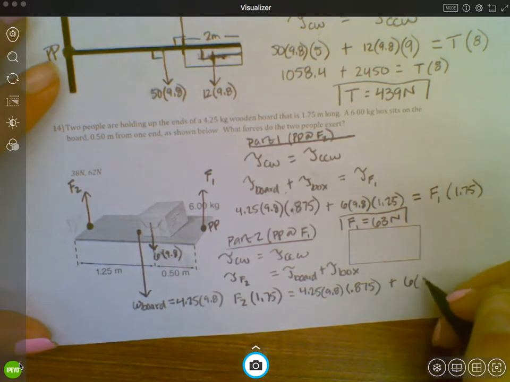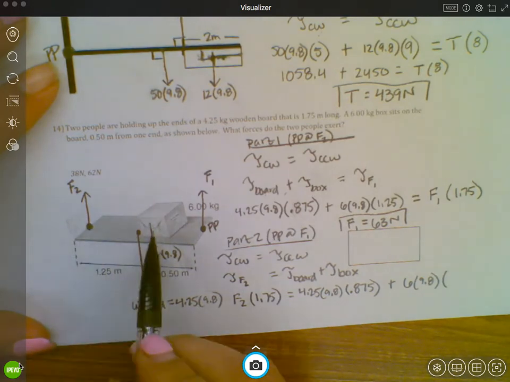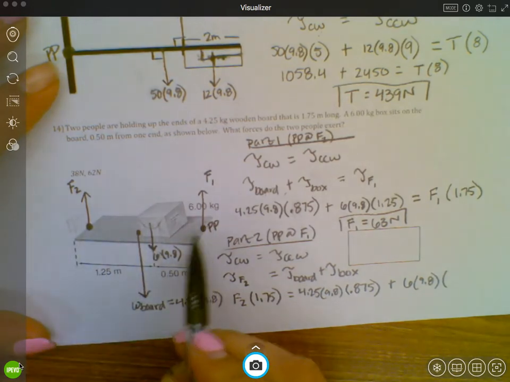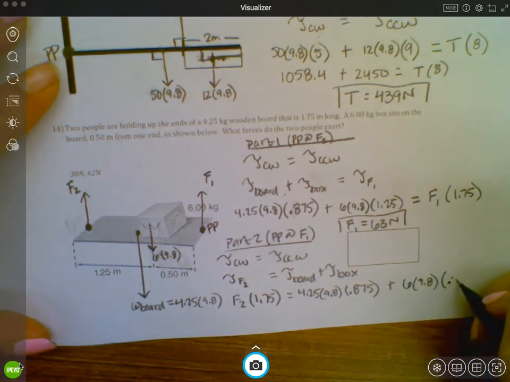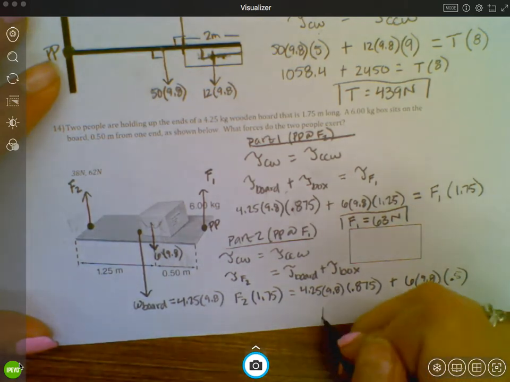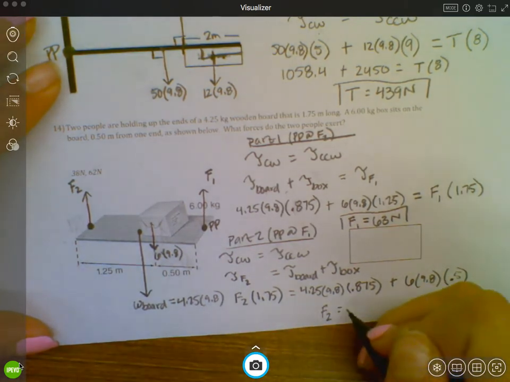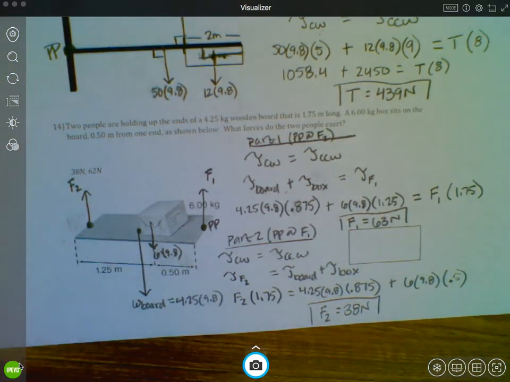You still have the weight of the box, 6 times 9.8, but the r is different now. It's not 1.25 because the pivot point moved. So now from here to the pivot point is only 0.5. Okay, so now if you solve this equation for F2, you get 38 newtons. That's the force 2.